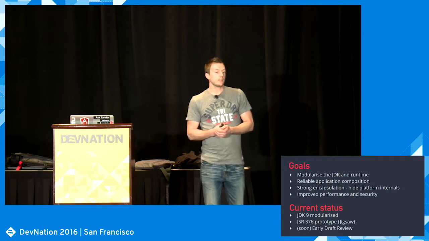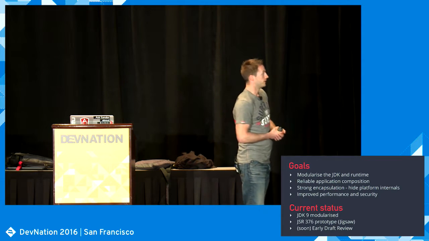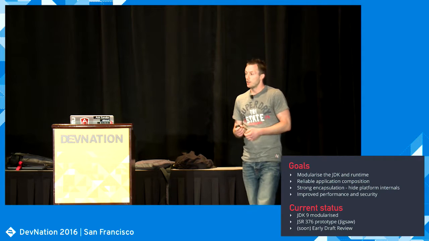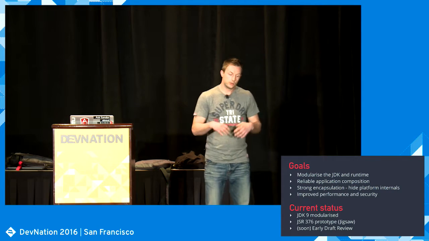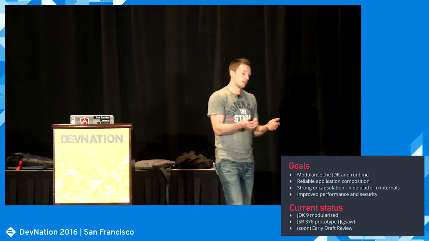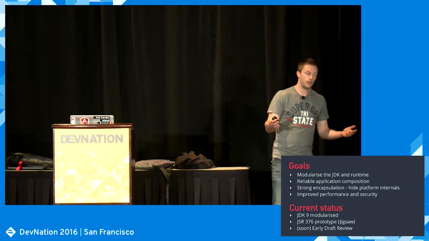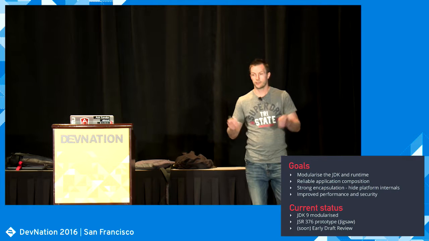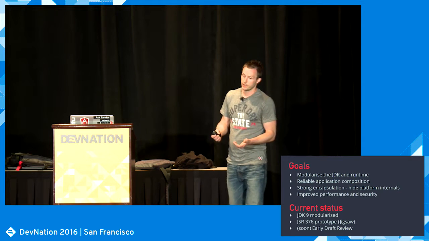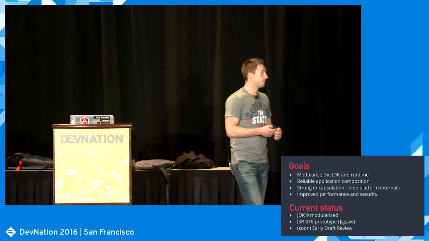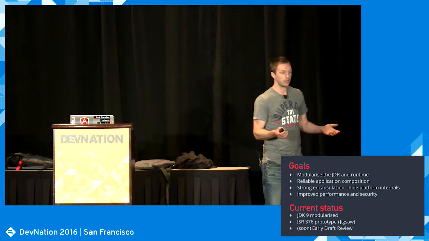Looking at Java 9, there's a few goals that the JDK team tries to resolve. First of all, they took a good look at the JDK and they realized that it's huge. There's just a lot of stuff in there, and a lot of stuff that a lot of people don't actually use anymore, because Java has been around for quite a long time.